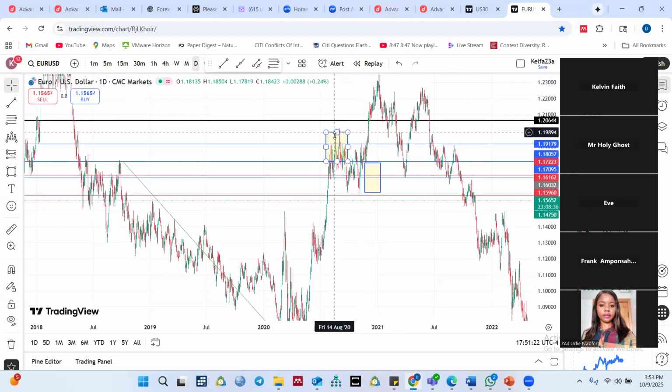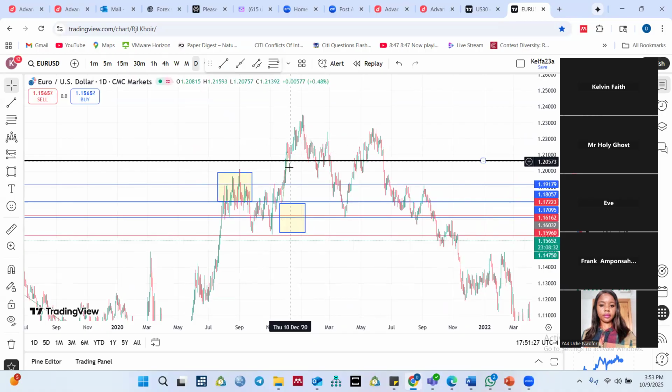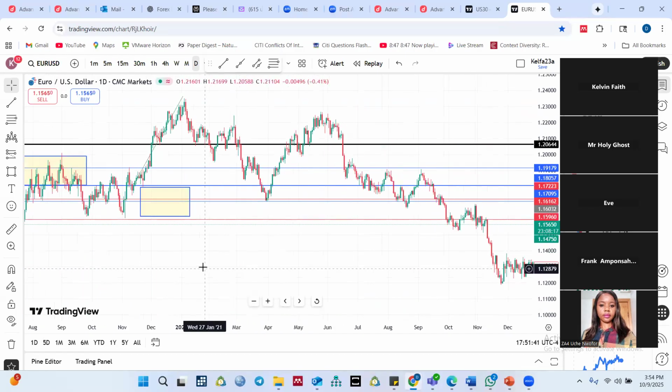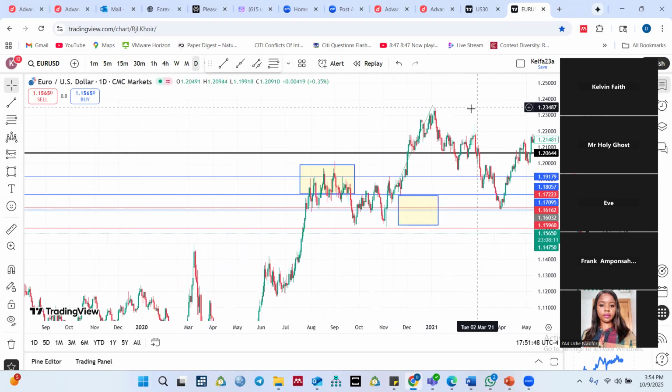Then it comes back to it, retested, and uses it to make a move up to here too. So price uses it as resistance to drop. Now it has used the same price, which is the blue line, as support to go up.